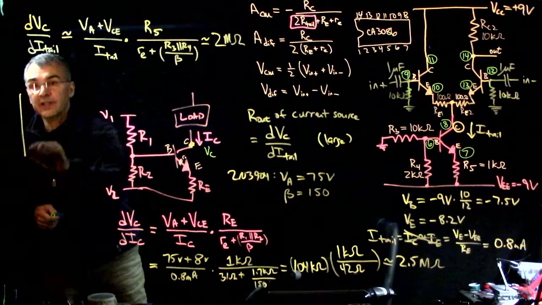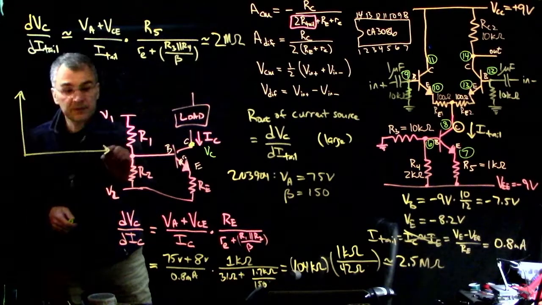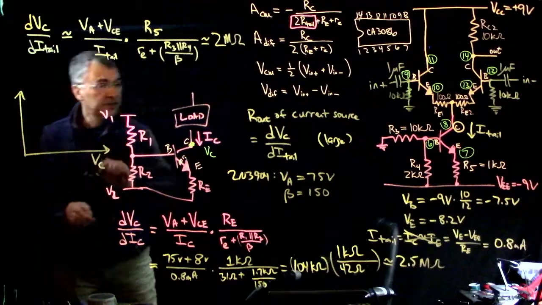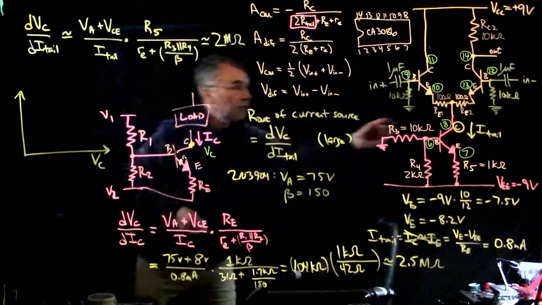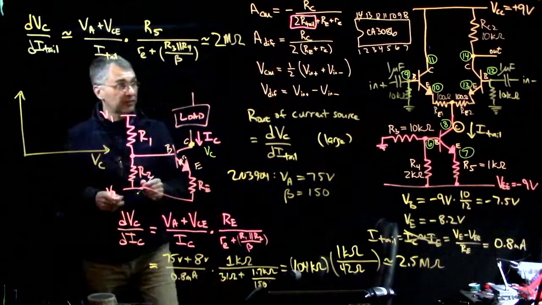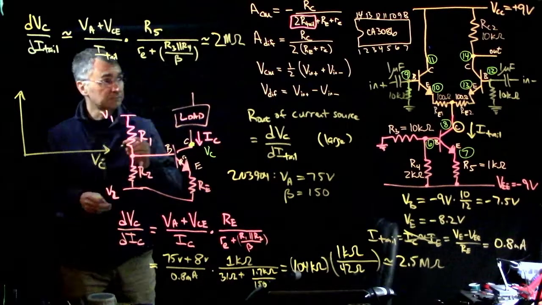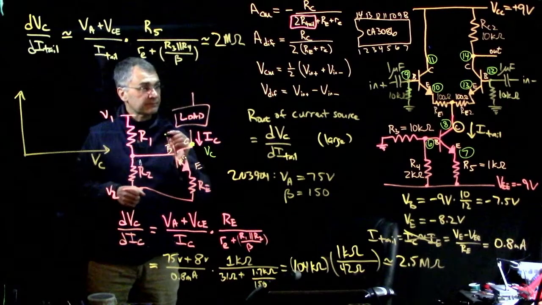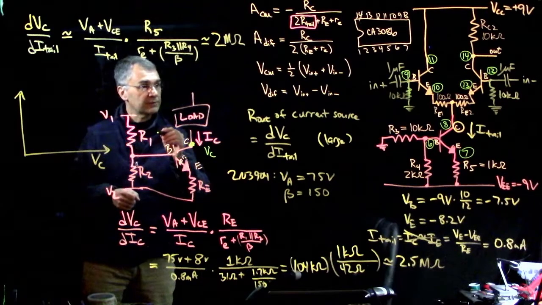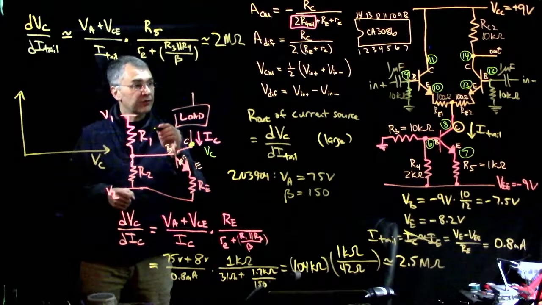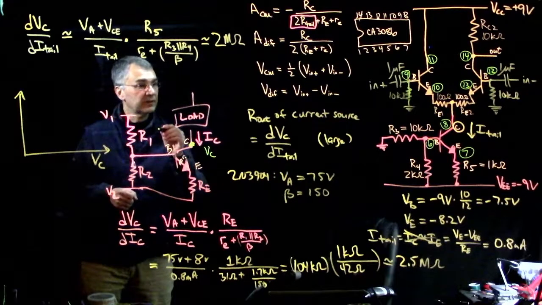So that says, as you change the collector voltage, which is this point here, which is what we were calling Vx in the previous video, as Vx goes back and forth, let's see.